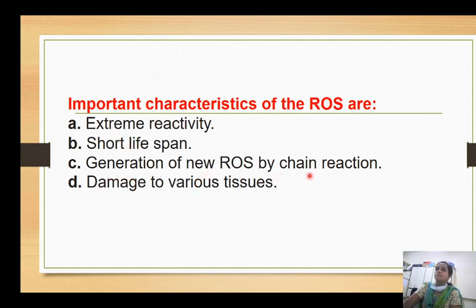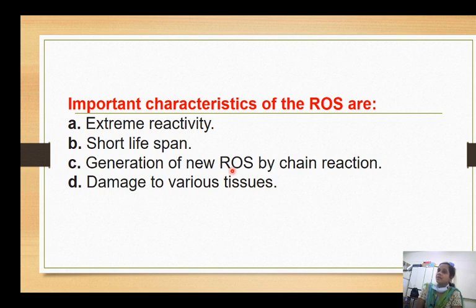Generation of new ROS by chain reaction. Along with being highly reactive, they also generate new reactive oxygen species very fast. So if one reactive oxygen species is formed, if one OH minus is formed, it will give rise to 2 OH molecules. Those 2 will give rise to another 4. Those 4 will give rise to another 8. So it is like a chain reaction.